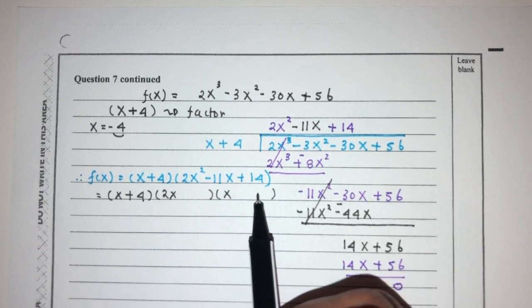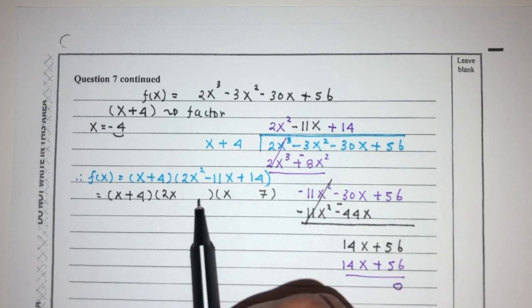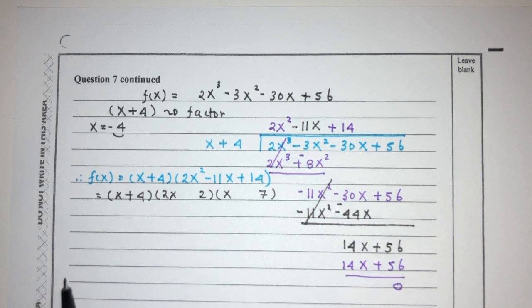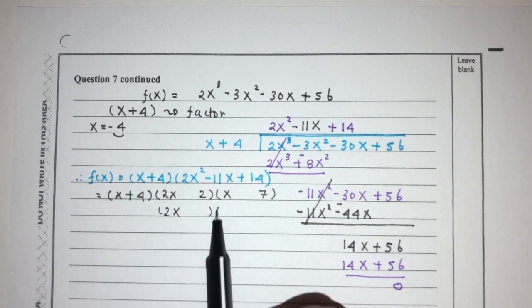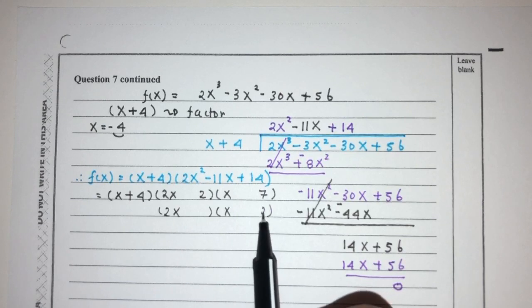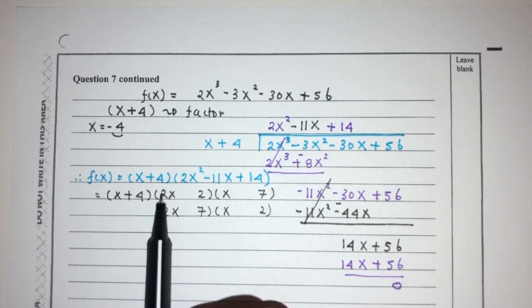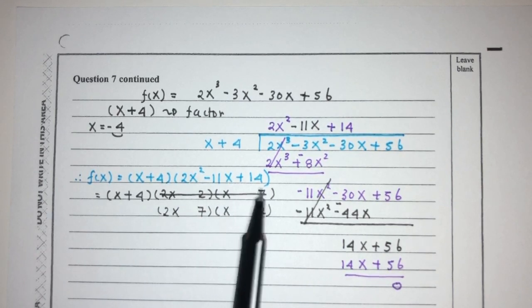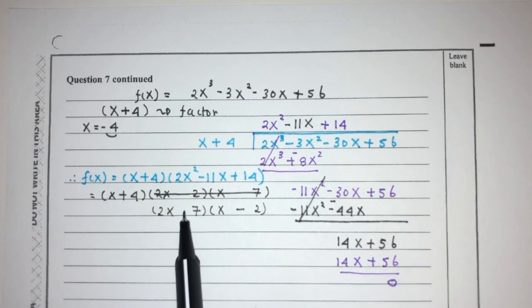So let's use 7 here and 2 here. That is one of the options. Or we can use 2 here or 7 here. It makes sense we use this one because this other one will not be possible. To get minus 11, we have to have minus 4 and minus 7.